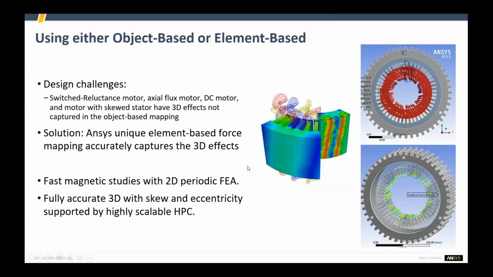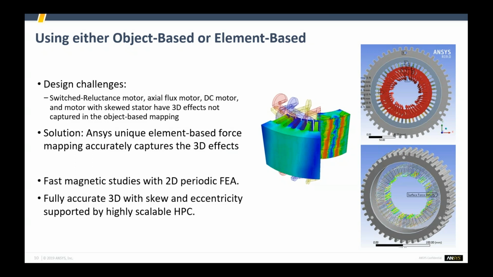So in Ansys, this workflow can use either object-based or element-based mapping. The harmonic force calculation offers flexibility in the magnetic FEA model and in the force transfer method.